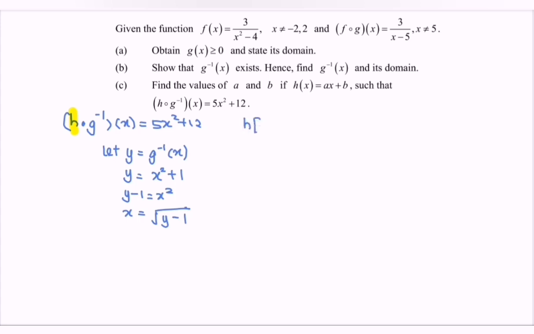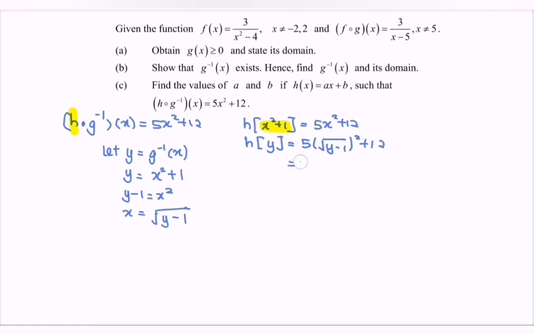So kindly substitute. h of g inverse, where g inverse is x squared plus 1, equals 5x squared plus 12. Let this be equal to y. So h(y) equals 5 times x squared, so here we have 5 times the square root of y minus 1, squared, plus 12.